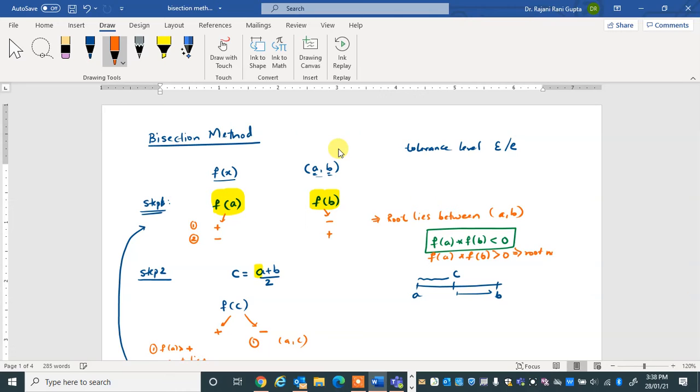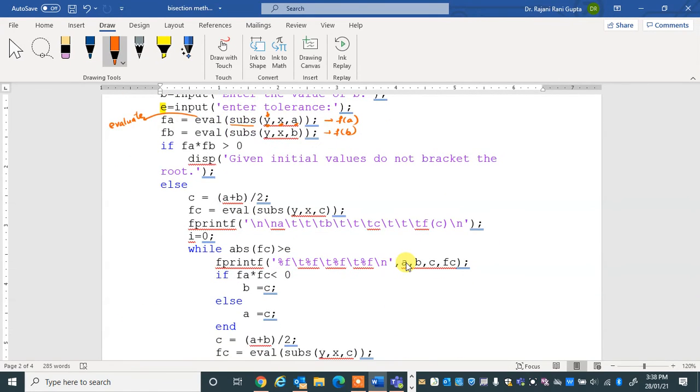The root does not lie between A and B. It means both are positive, isn't it? So the third case that could be possible is both are positive. So it means the root doesn't lie between A and B. And the fourth case would be both are negative. Again, the root does not lie between A and B. So that thing again we have to check.